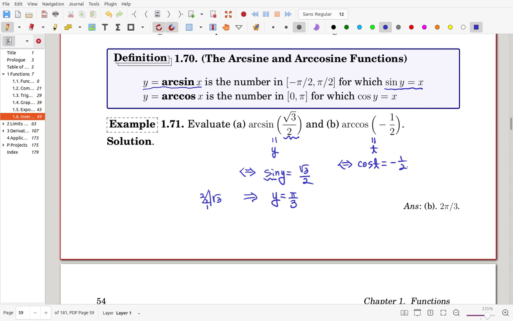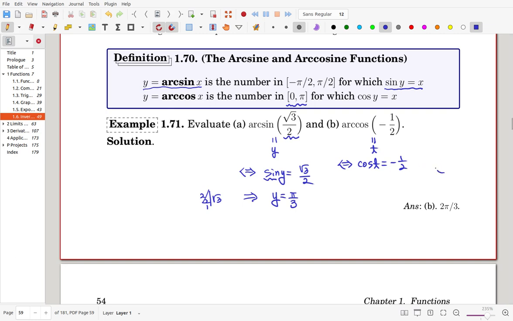Right? When we define the arc cosine, it is from 0 to pi, so your t must be between 0 and pi. Here we have minus 1/2.